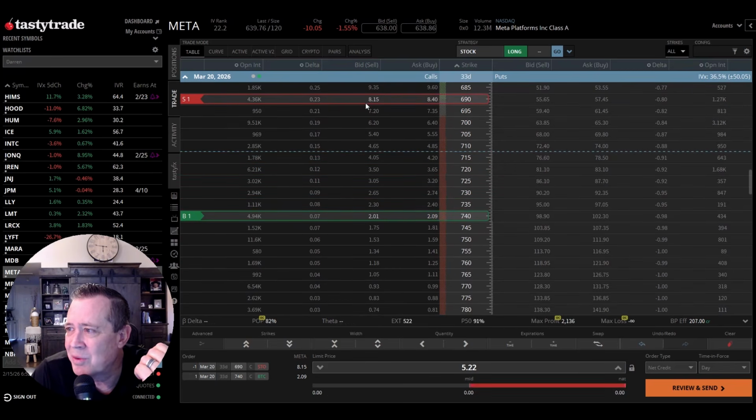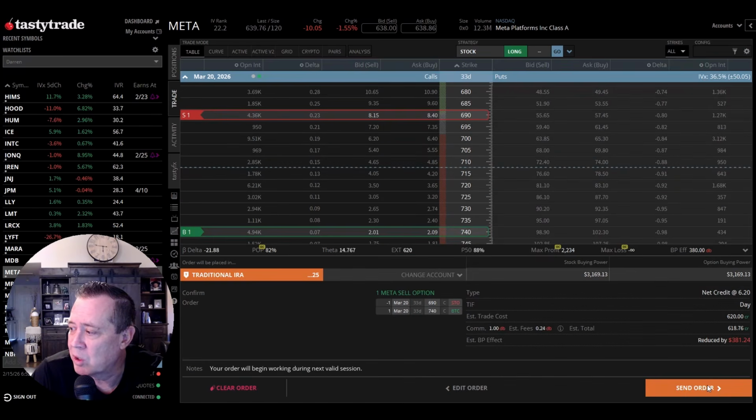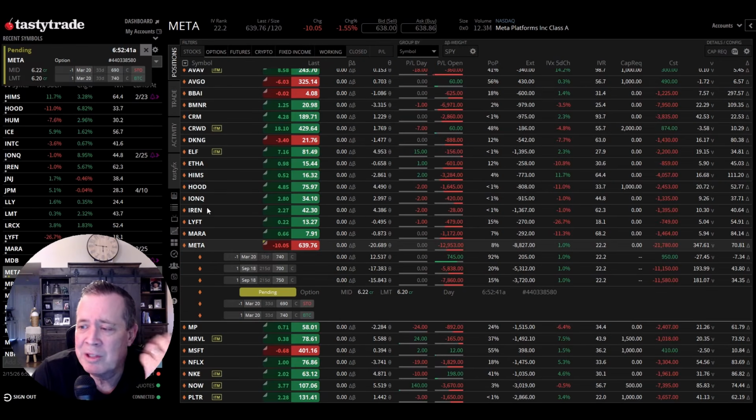We can go down all the way here to the 690. It's a 23 delta. And so that still gives us an 80% chance of staying below that, but we collect, look at this, $622 by doing that, 620. So we can go ahead and hit review and send and place that trade, and that'll be ready for when the market opens.